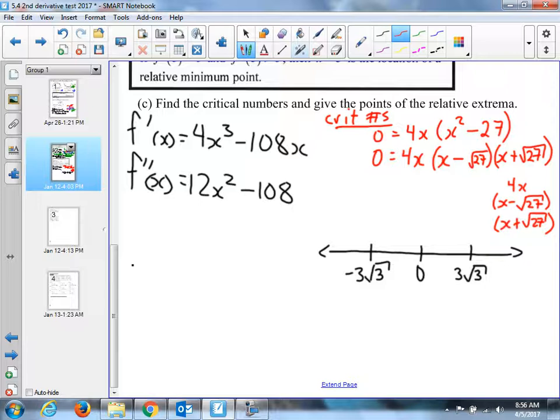I get a 0 for the 4x line at 0. Anything to the left will be negative, to the right positive. For x minus root 27, I get a 0 here. I have a mismatch, but it's the same number: root 27, 3 root 3. Anything higher is positive, anything lower negative.